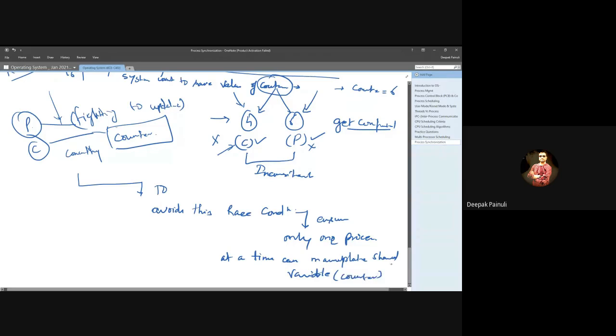So to avoid this race condition, we want that only one process at a time can manipulate this shared variable. Both processes cannot do that.